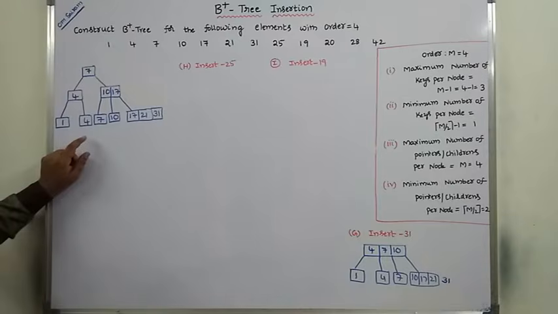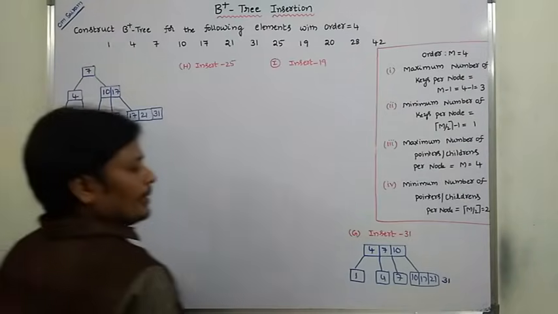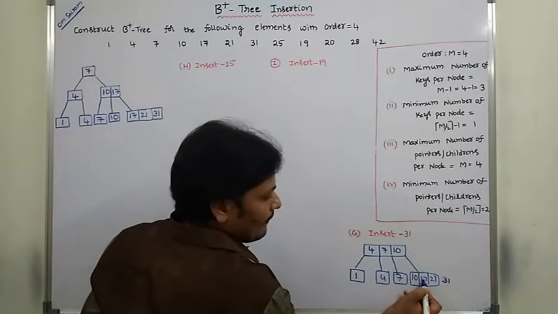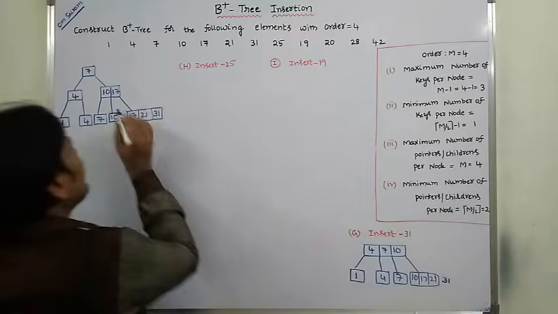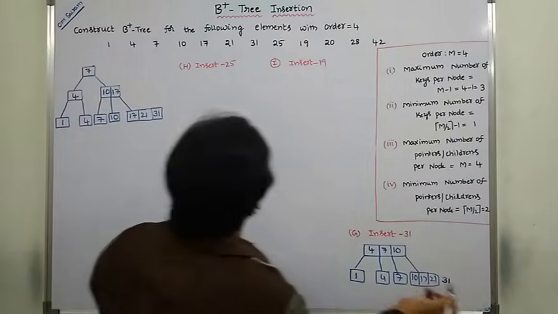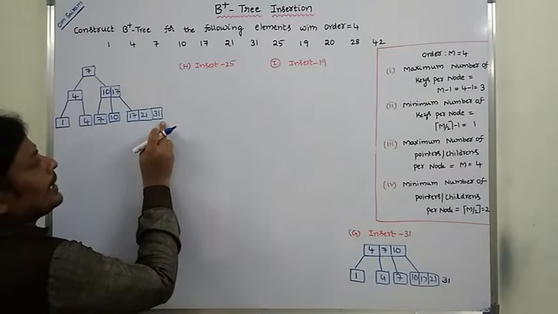So this is the B plus tree we are getting after performing splitting at this node. 17's left child is 10, and 17's right children are 21 and 31.